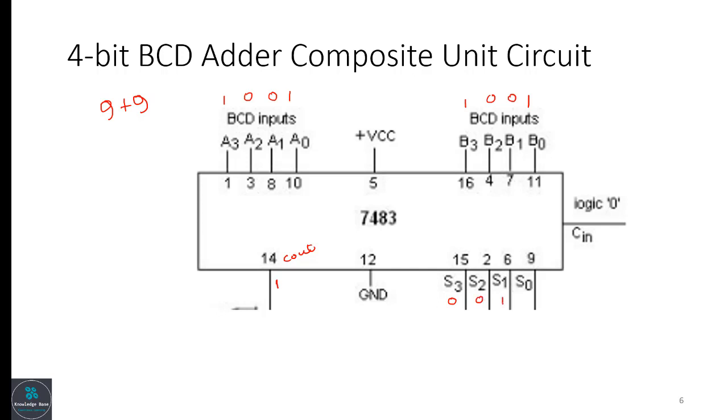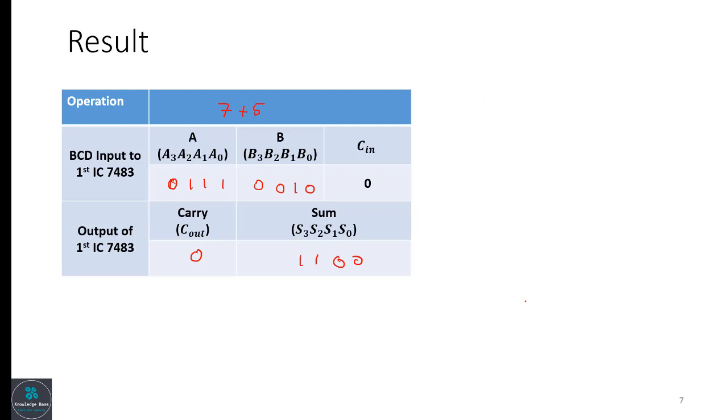Sum will be 0 0 0 1 with the carry out 1. Let us put it over here. 9 plus 9, it is 1 0 0 1. B is 1 0 0 1. Cin is 0. Sum is 0 1 0 0 with the carry out 1.